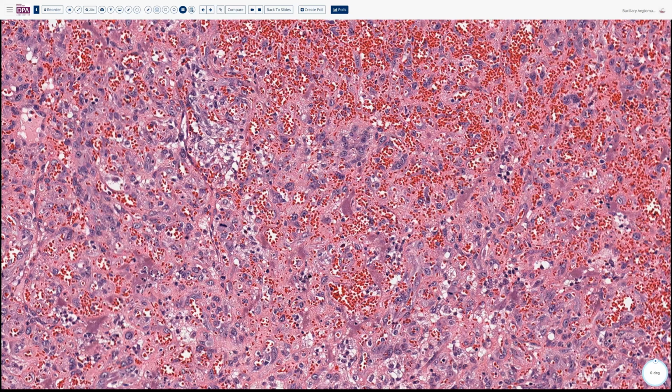Now, silver stains are usually the most useful thing in terms of demonstrating these, the Dieterle stain or Warthin-Starry stain. But other bacterial stains may also bring them out as well. Here's another example.